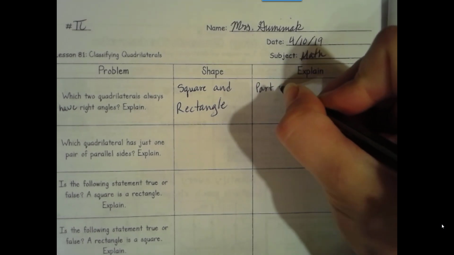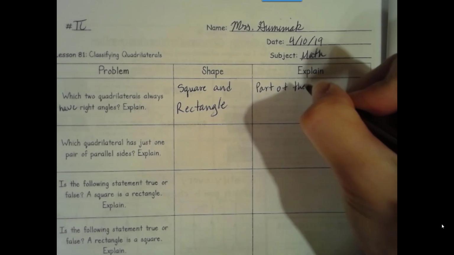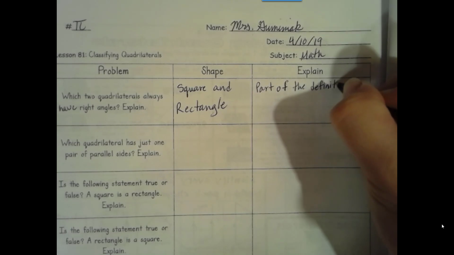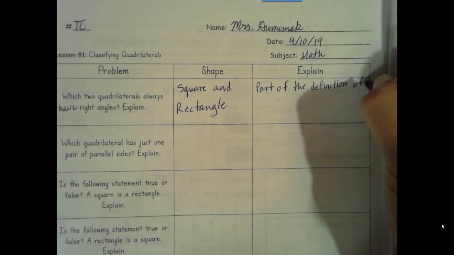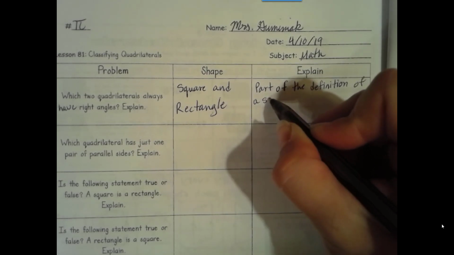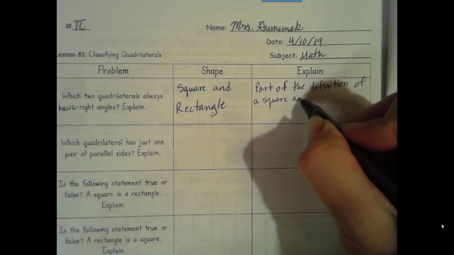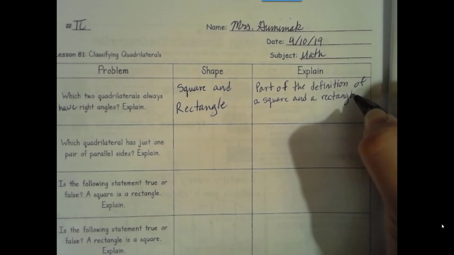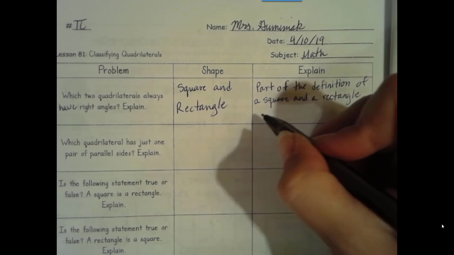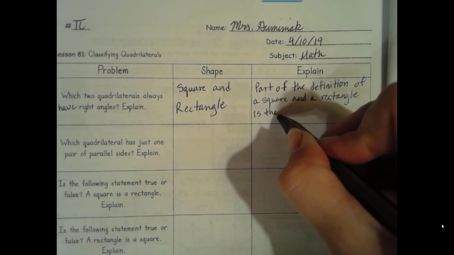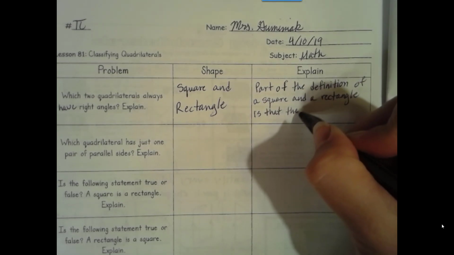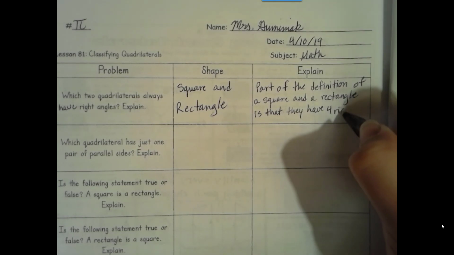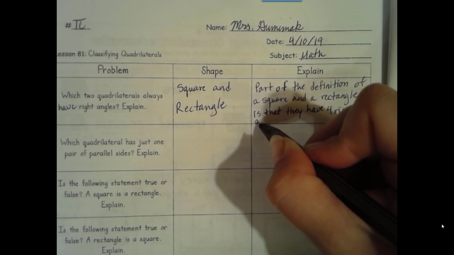Part of the definition of a square and a rectangle is that they have four right angles.